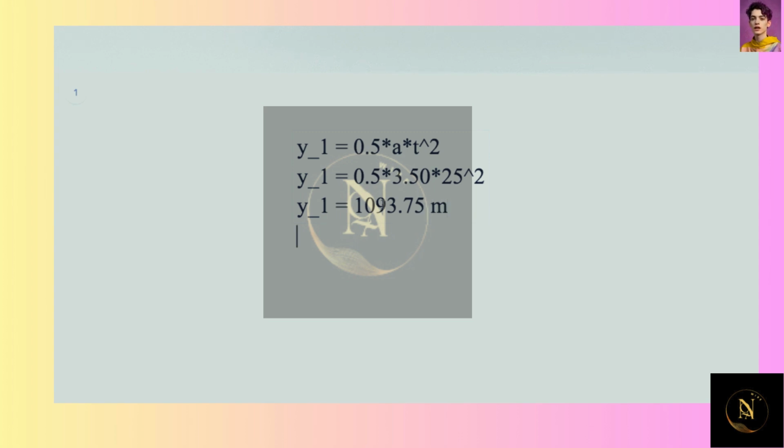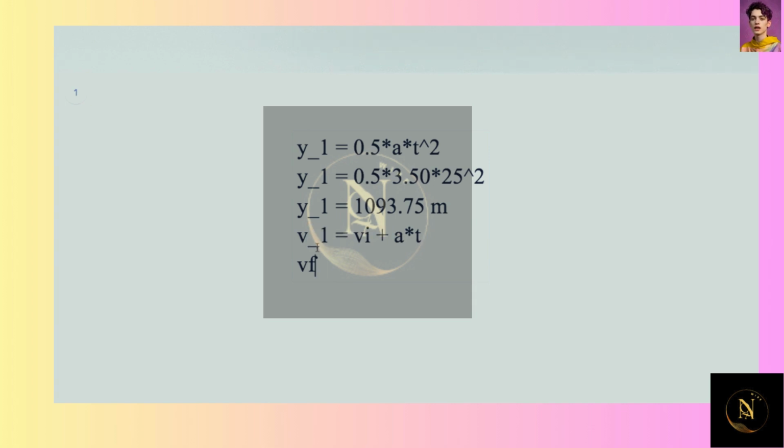Now let's find the final velocity just during this first stage. So again, we know that the final velocity is the initial velocity plus acceleration times time. In our case, the initial velocity was 0. So, to be consistent, let's call this v1.